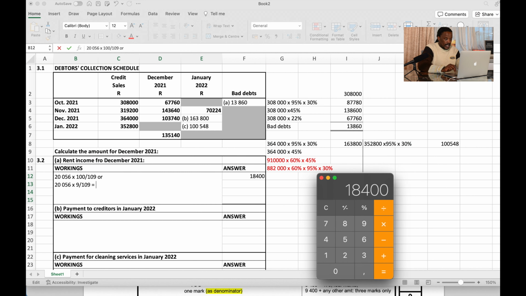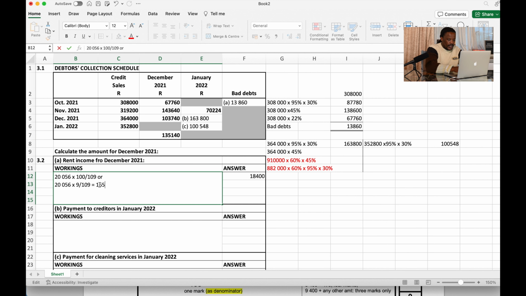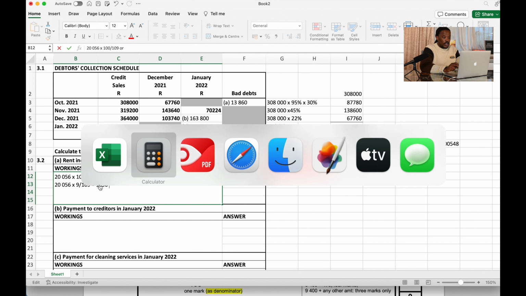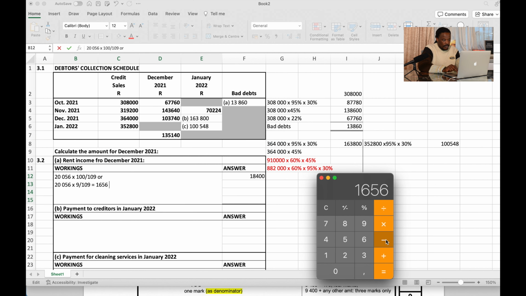It will give you that deduction of 1656, and then you can deduct that from 20056. So whichever method that you prefer is correct.